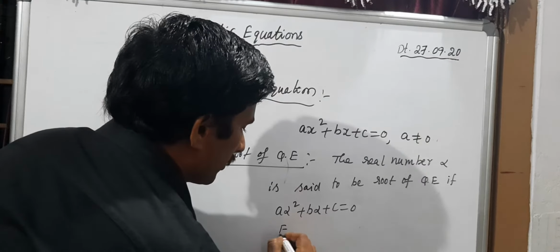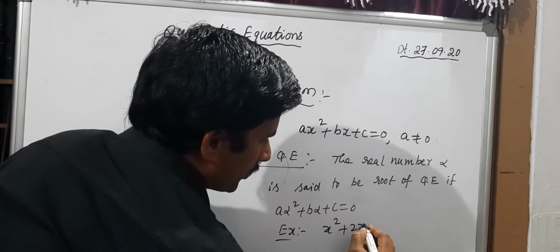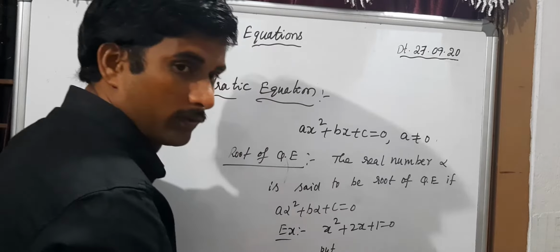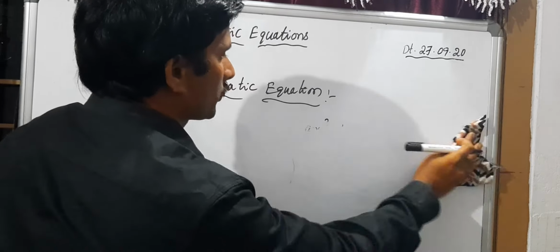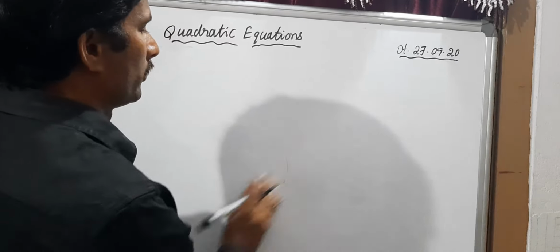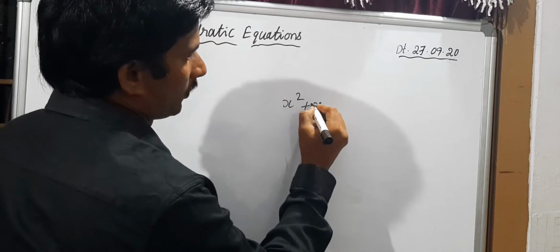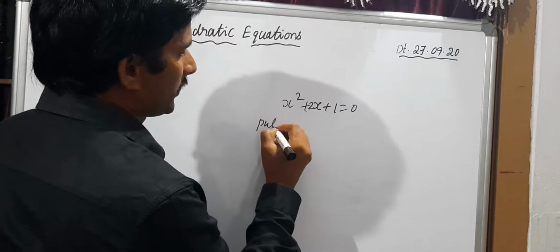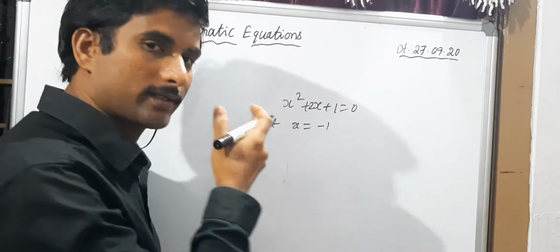If you take an example, x square plus 2x plus 1 equal to 0, here you can put x equal to minus 1.